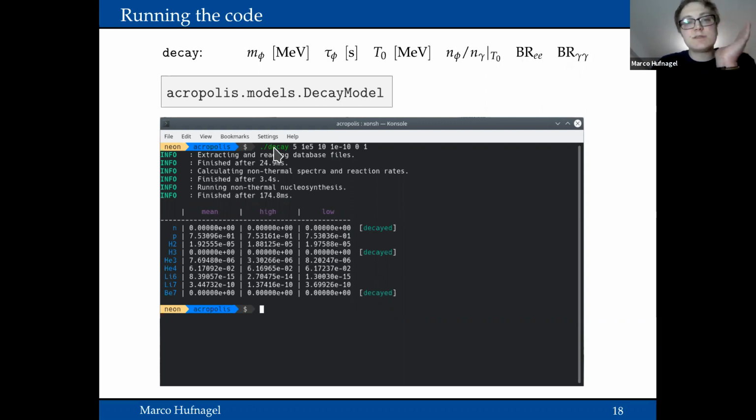And then you can just, from your command line, call the script with the respective command line arguments, and it will calculate the non-thermal spectra, perform the non-thermal nucleosynthesis, and then in the end gives you the abundances after photodisintegration. And here, these are just for different input parameters from AlterBBN, so that you have a way of approximating the theoretical error, for example.